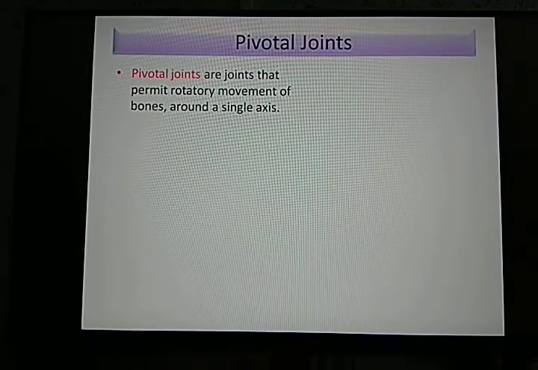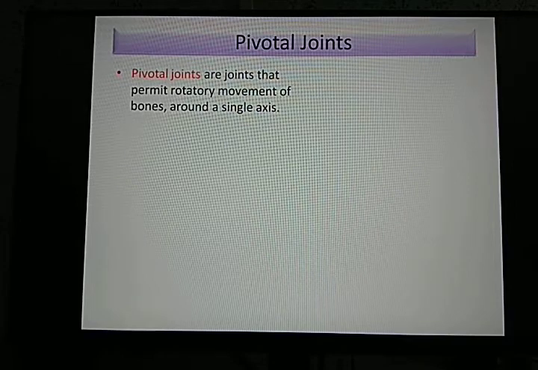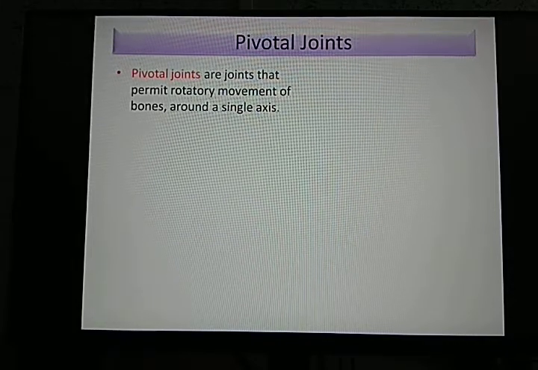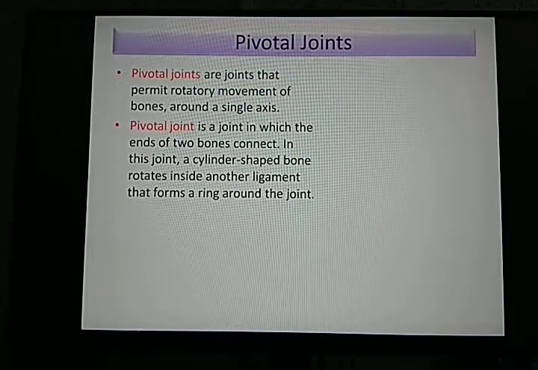Pivotal joints permit rotatory motion of the bones around a single axis. That means it is connected to a particular bone which can be considered as an axis. So around the axis, the joints move in a rotatory motion.